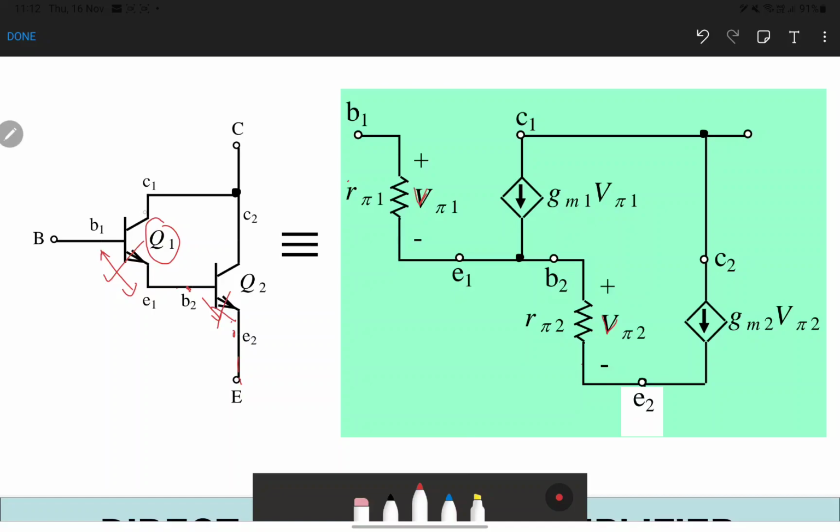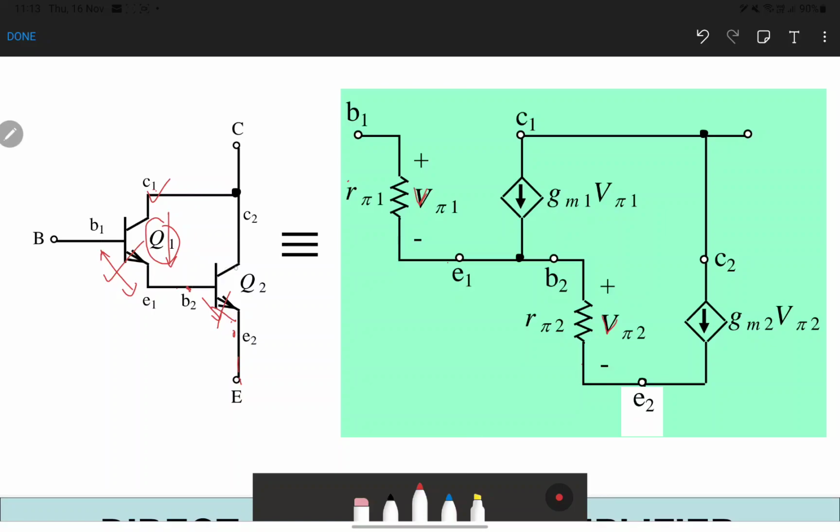Let's go back to base 1 to collector 1. From base 1, we continue with collector 1 to emitter 1. At the leg of collector 1 to emitter 1 we have a current source, which we call gm1 V pi 1, the diamond one. Okay, that settles collector to emitter 1.